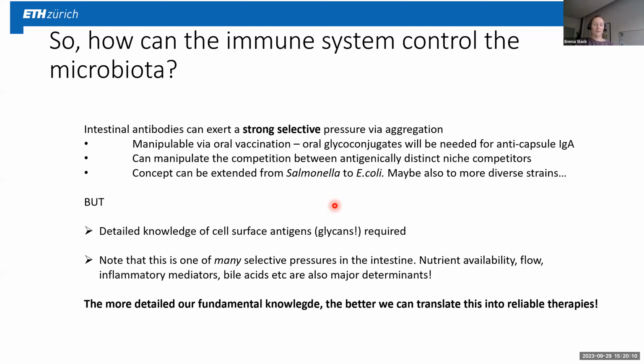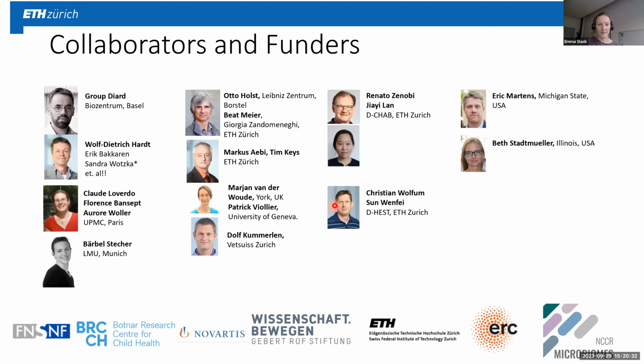With the Bacteroides theta work, I showed the real effects there are coming from things like nutrient availability and flow of intestinal content, inflammatory mediators and bile acids, for example. But with a more detailed fundamental knowledge of how these systems work, we can much better translate this and think of how we can use these systems to get reliable therapies in the gut.